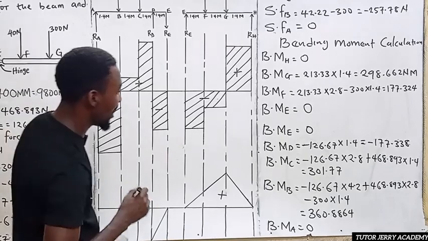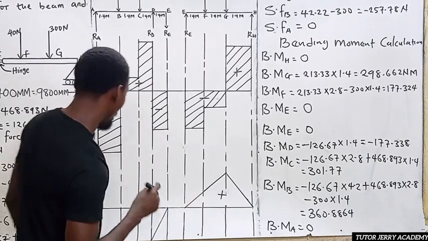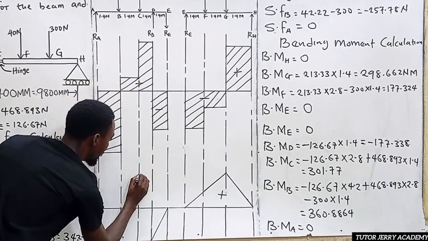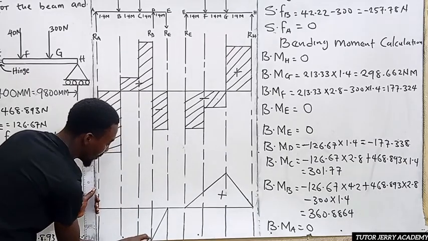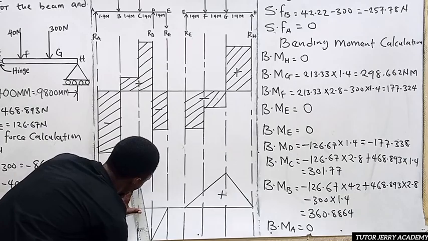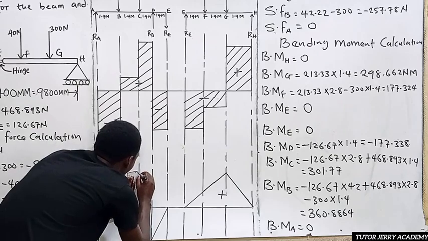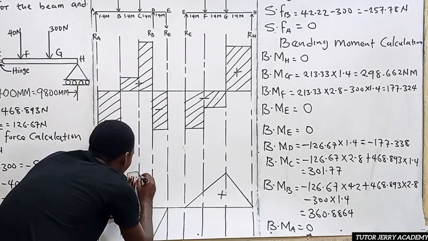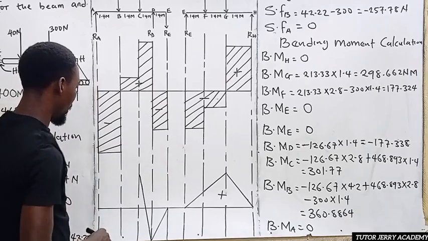Oh, sorry, it's not the highest value that we have. The highest value that we have is at point B. Okay, so let's put it to be somewhere here. So now we are going to use an inclined line to join this point and this point together. All right, so that's what we are going to have.